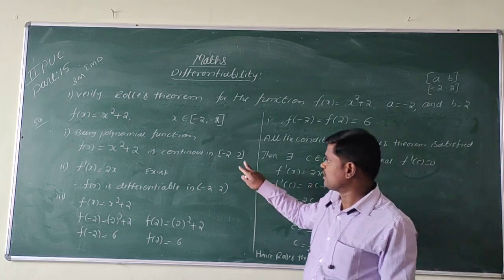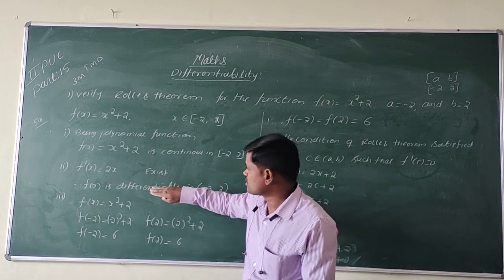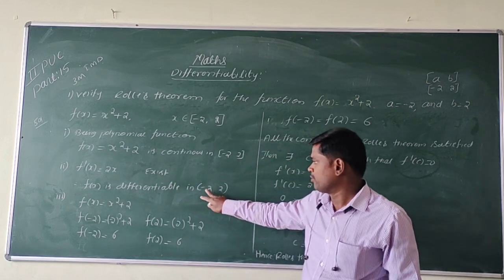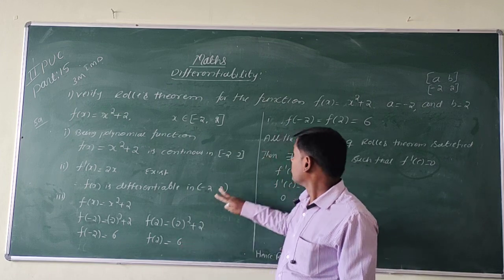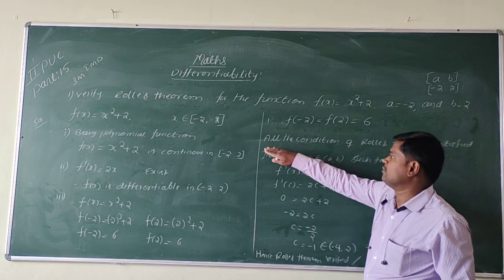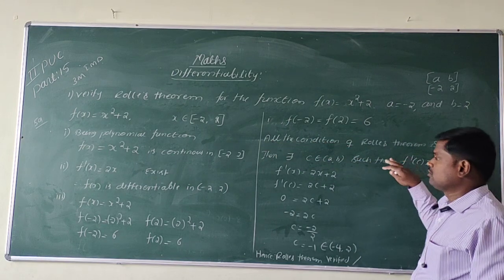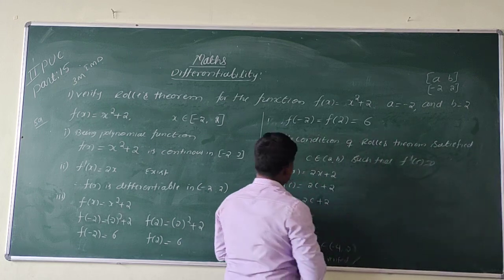The given function is continuous in the closed interval minus 2 comma 2, differentiable in the open interval minus 2 comma 2, and f of a is equal to f of b. So all the conditions of Rolle's theorem are satisfied.